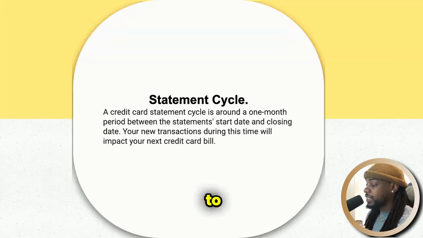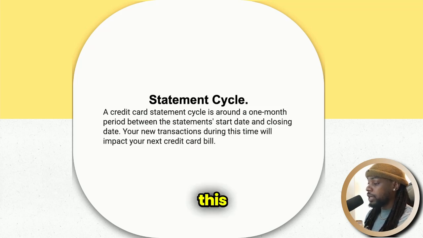The first thing that we're going to discuss is your statement cycle. And again, we're going to make this very easy to explain, and watch all the way until the end, and it should make sense. So a credit card statement cycle is around a 1 month period. When you look at your credit card statement, it may be 28 days, 29, 30, it kind of ranges, but it's somewhere around 1 month.